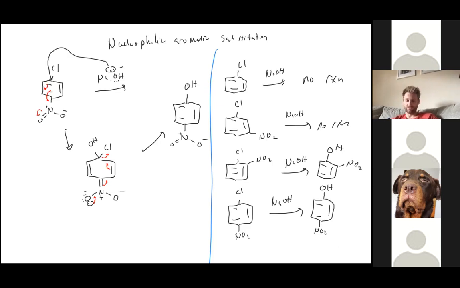All right, so that is nucleophilic aromatic substitution. It's a bit simpler than all those electrophilic aromatic substitutions we were doing earlier. The last reaction we're going to talk about is what's referred to as elimination addition reactions.